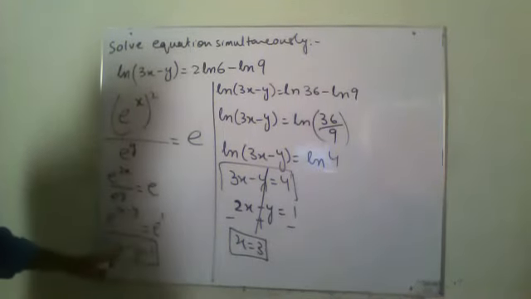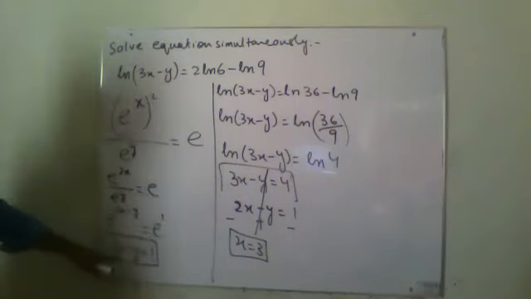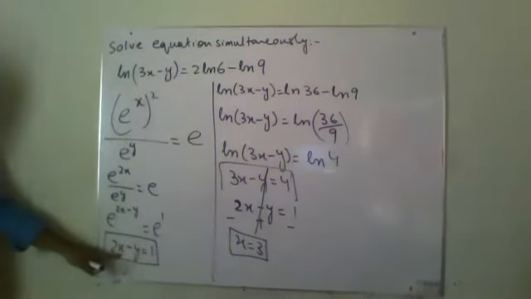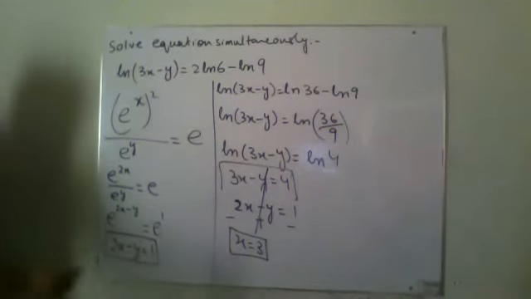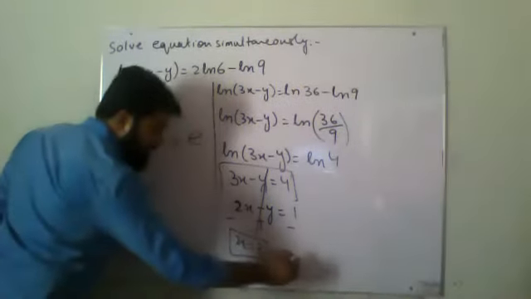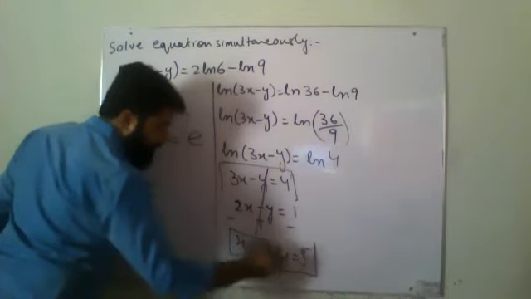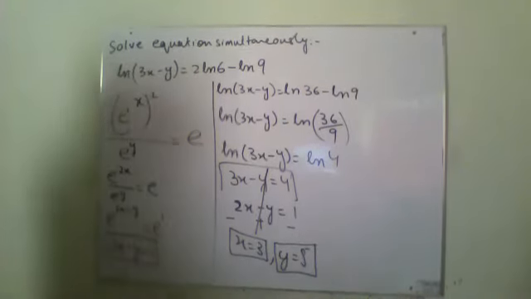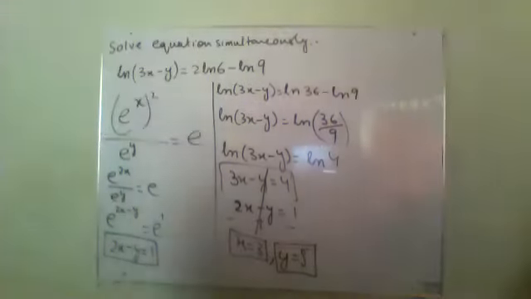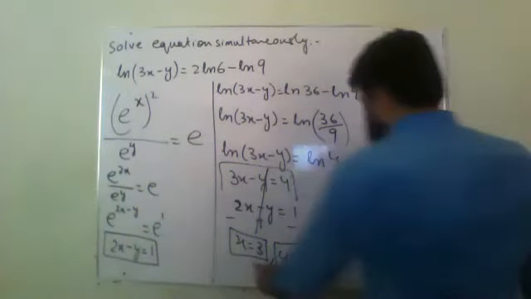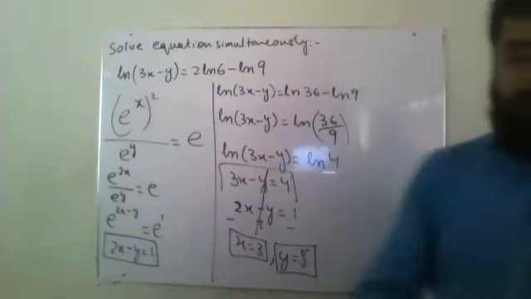When I plug it over here, that will become 3 times 2, which is 6, and 6 minus 1. The value of y is coming 5 over here. So this is how I'm going to solve my question. The value of x is coming 3 and the value of y is coming 5.